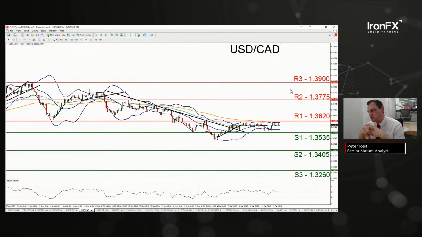Should the US dollar strengthen, then we may see the pair rising, breaching the R1 1.3620 and starting to aim for the R2 1.3775. On the flip side, should the bears take over for USD CAD, we may see the price action dropping, breaching the S1 1.3535 and starting to aim for the S2 1.3405.